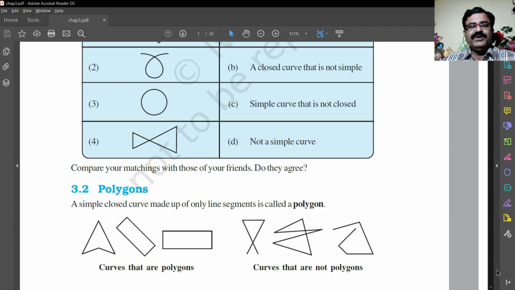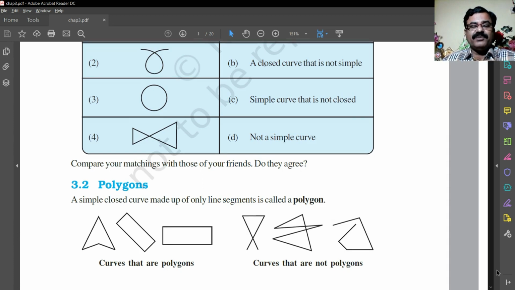Why? Because the figure is not purely made with line segments. So you can see the figures shown on the screen. By seeing them, you can identify which curves are polygons and which are not.